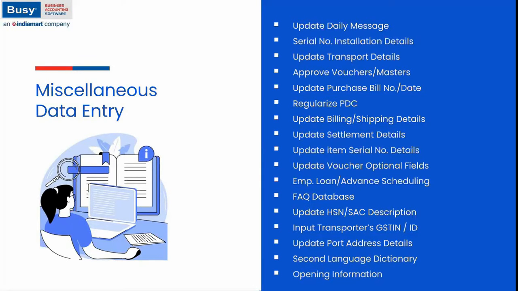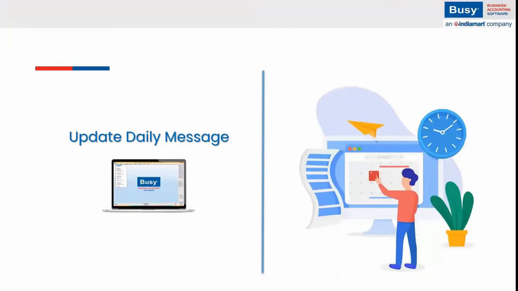So let us begin. The first point is update daily message. The update daily message utility is used to input messages that can be printed on the invoices. The main use of this utility is for printing day-to-day promotional activities or offers given by the company.